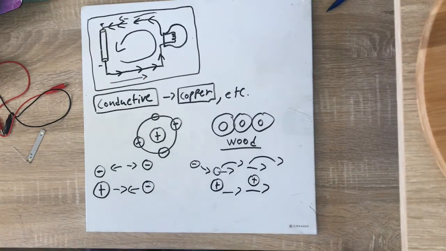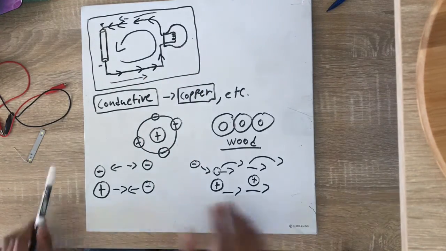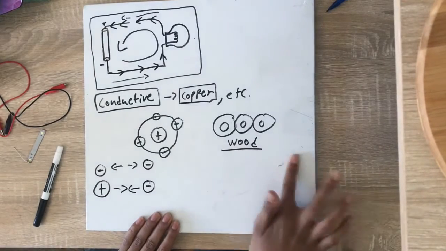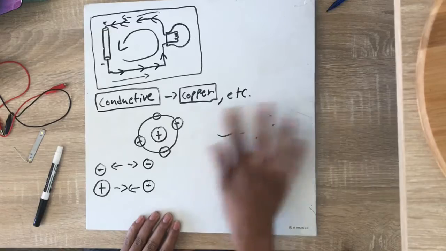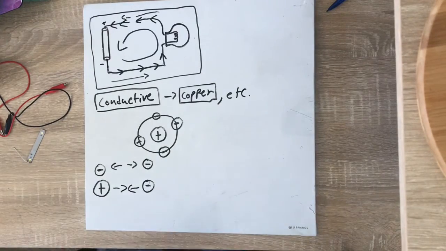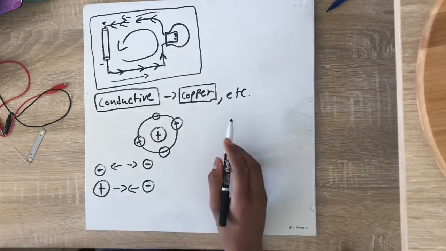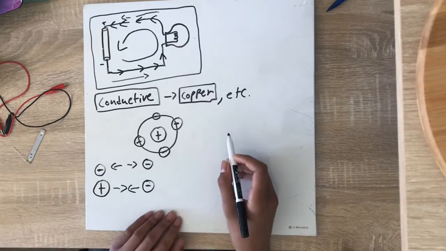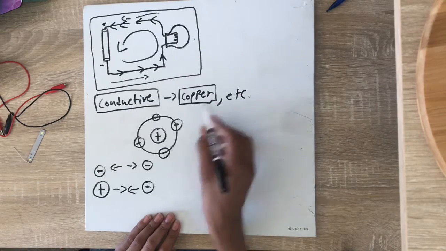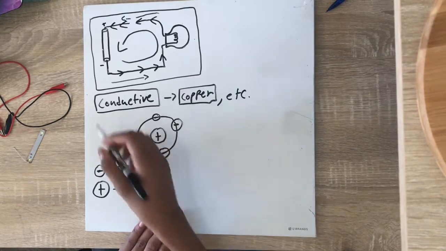So this might be a little bit complicated to understand, but we can use a very simple and effective analogy to explain this. This is what most people call the water analogy, which is very useful when understanding electronic concepts. Water flows just like electricity in one direction, right?